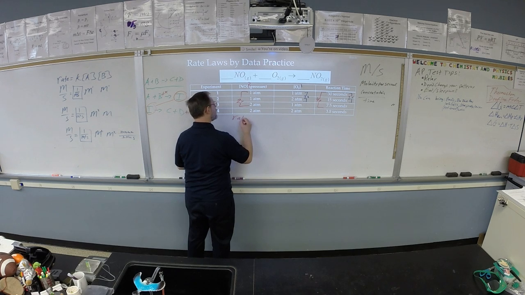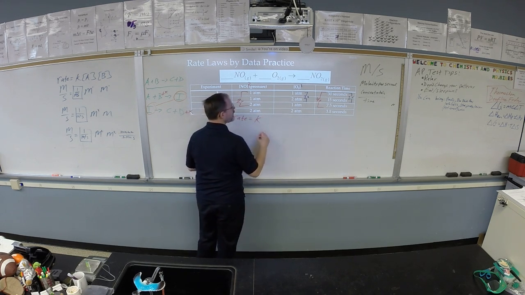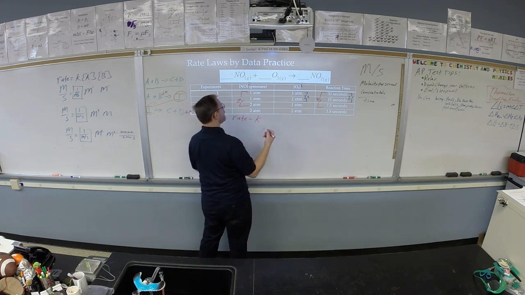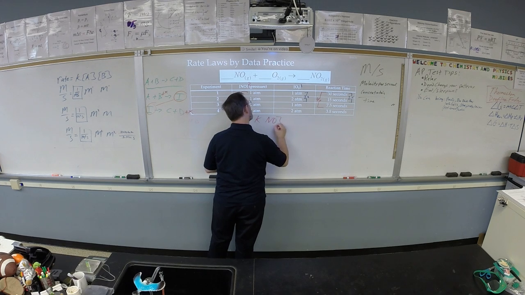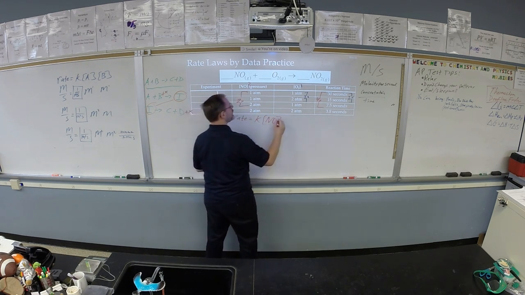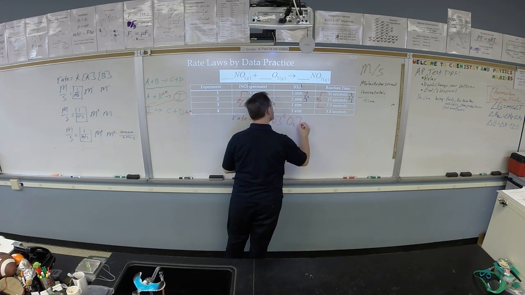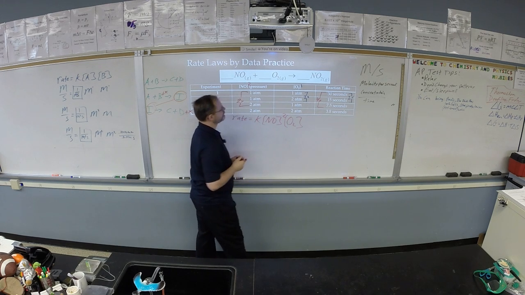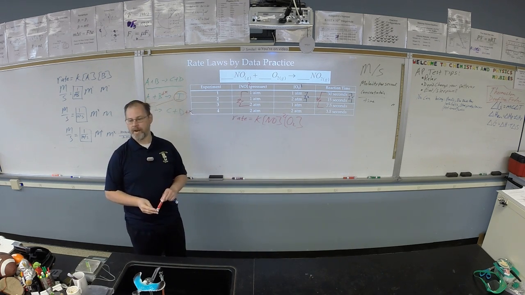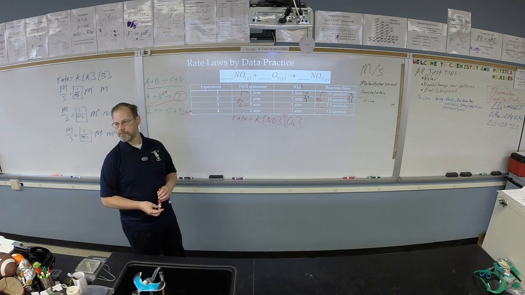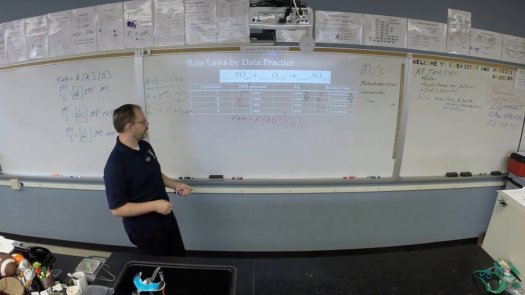So the rate is some constant that we can find experimentally. NO raised to what power? 2. O2 raised to what power? 1. That is the rate law for that reaction. That's so cool. And that's what you're going to be doing this week and early next week.